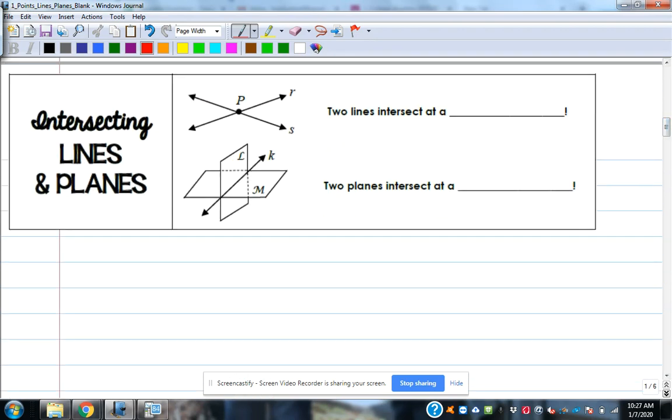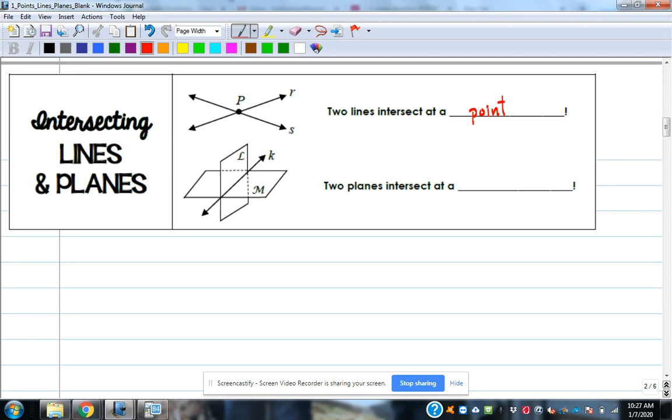If 2 lines intersect, we did this in algebra, what do they intersect at? A point, one single point, if they intersect. And remember, lines don't have to intersect. They could be parallel. They could be what's called a skew line, which they don't intersect and aren't parallel either.